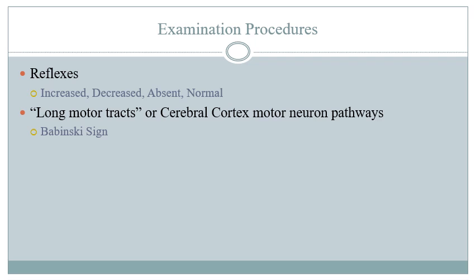Some other testing you would do involves your long motor tracts, or your cerebral cortex motor pathways. That could be done with what's known as the Babinski sign. Basically, you lay the patient supine and use a blunt object, just the end of the reflex hammer. You stroke the foot from the heel along the lateral border of the foot over to the ball of the foot to the great toe.